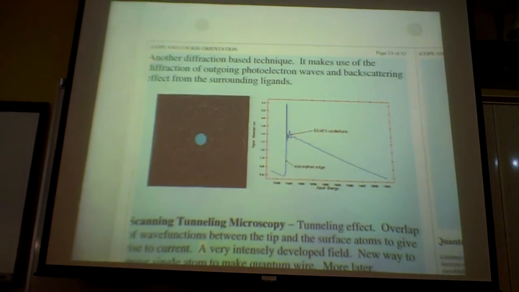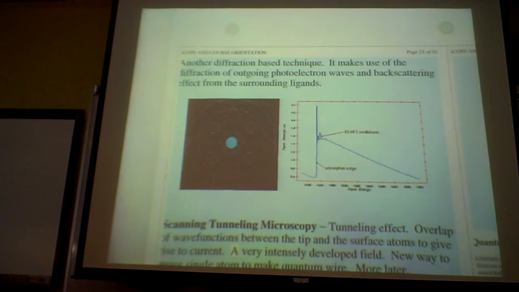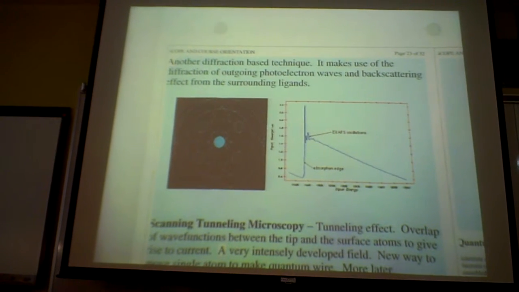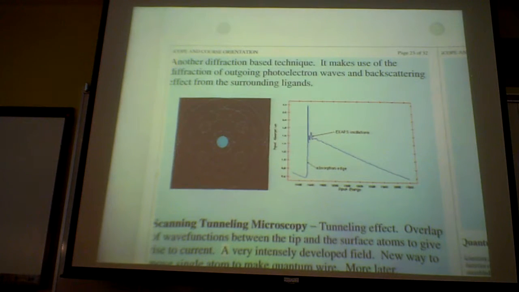What you do is you send in an X-ray beam. Instead of measuring a diffraction pattern, you measure what happened to the absorption profile of this X-ray. It's very much like the UV absorption spectrometer that we use in undergraduate lab. You send in a photon, and you measure the photon intensity that comes out.